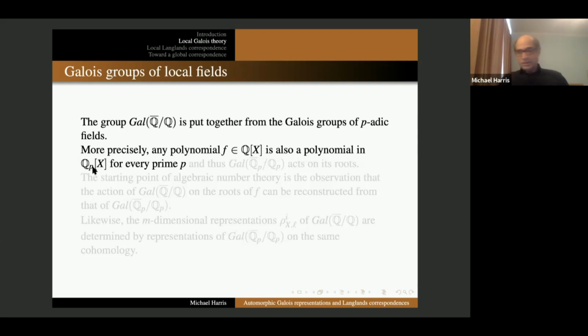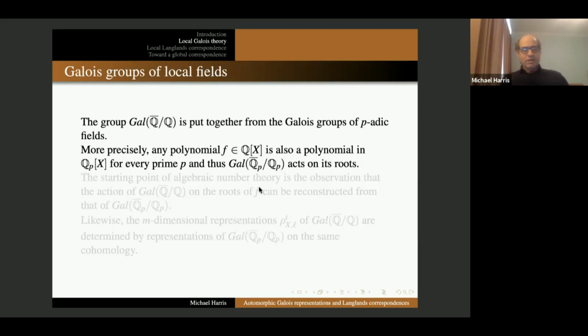Well, that's because the L-adic numbers always contain the integers, and so QL contains Q, and so does QP. QP contains Q. It's a field of characteristic 0. So now let's just forget about the rational numbers momentarily and just think about this polynomial as a polynomial with QP coefficients. Then the Galois group of QP bar over QP acts on its roots.